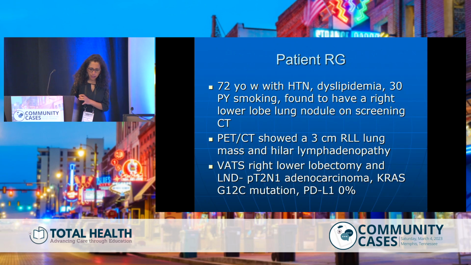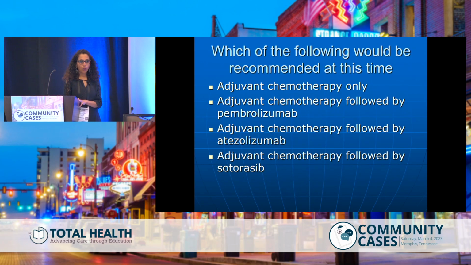Again, I can't read, but I think there is a PD-L1 of 0% there. I can't because of the time there. So how would you go about here? So anyway, adjuvant chemotherapy alone used to be the standard of care before. Adjuvant chemotherapy followed by pembrolizumab, new indication, regardless of PD-L1.